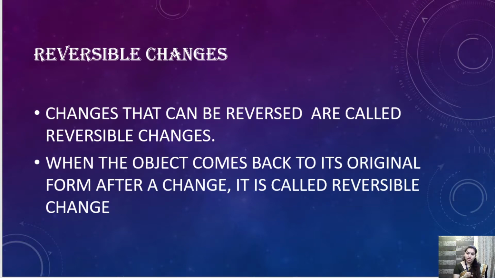A change that can be reversed again is called a reversible change. Or you can also define it as: when the object comes back to its original form after a change, it is called a reversible change.